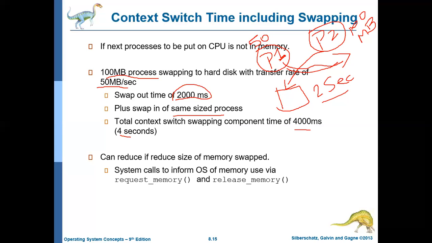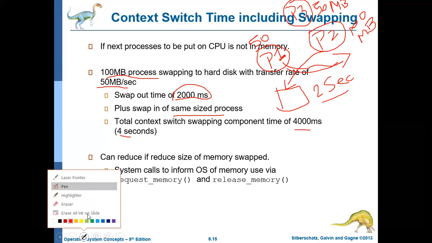Or if there is another process P3 which is already in the main memory, and it occupies only 50 MB, now swap in and swap out can both be done in 1 second each. So totally we need only 2 seconds, or 2000 milliseconds.